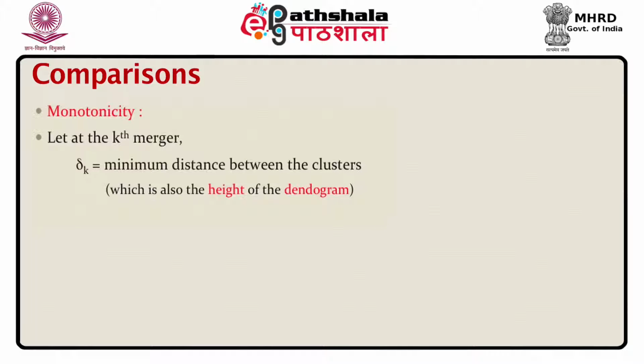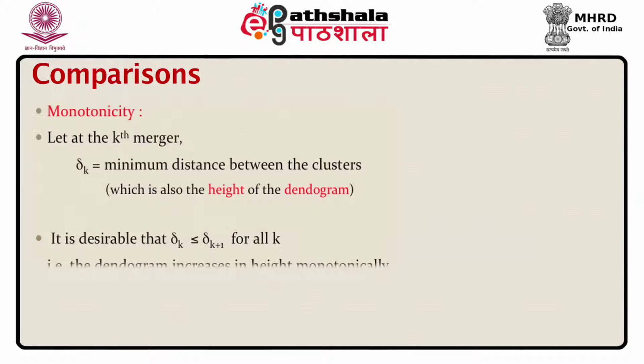Now, let delta k be the minimum distance between the clusters at the kth merger. This is also the height of the dendrogram at which these two clusters meet. What we expect is that when we do the next step, the height would be greater than the height at the previous step.